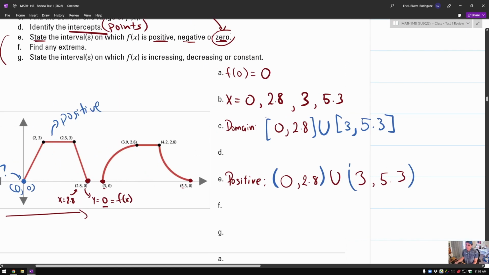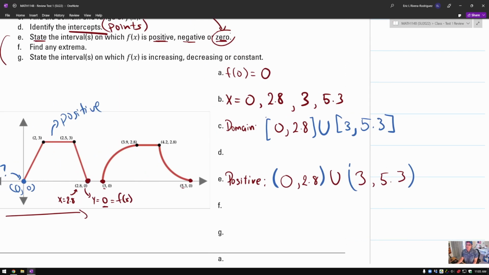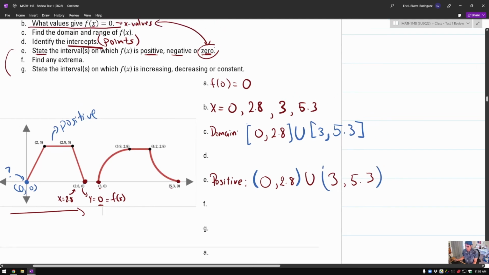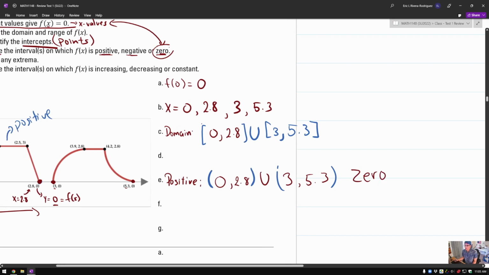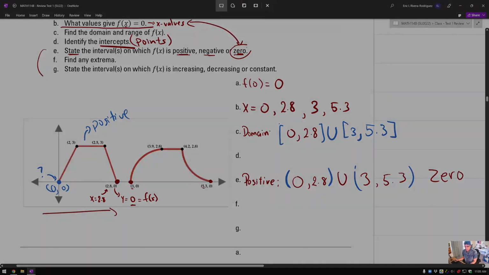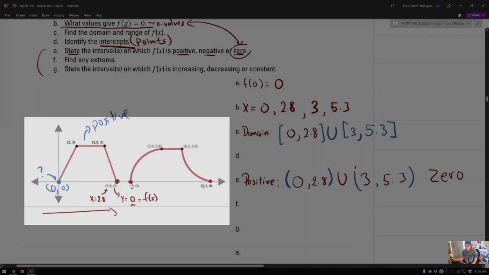Okay, so we don't have negative value here, so we are not going to bother with that. To answer where it is 0, I'm going to write here because I'm running out of space. So I'm going to screenshot, move these.